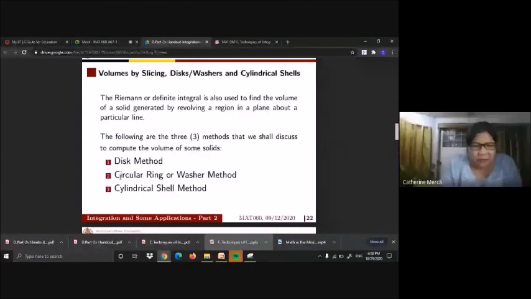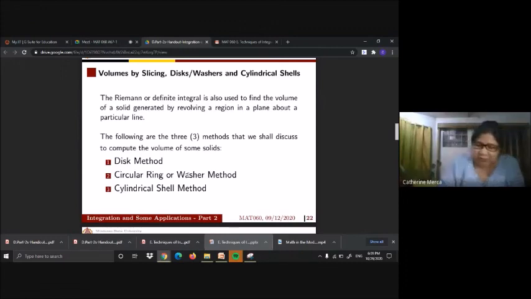There are 3 methods, but for some problems only this method is applicable. For some problems, both the circular ring or washer method and the cylindrical or shell method are applicable. The circular ring or washer method is used when you revolve and the solid formed actually has a hole. So you can use the circular ring or washer method when it has a hole, or you can make use of the cylindrical shell method.